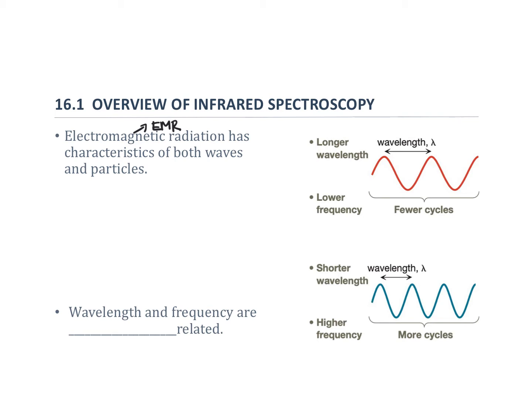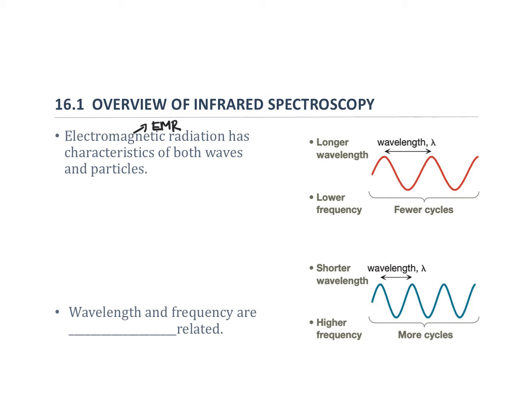Now, it behaves like a wave, so I want to review some things about waves. It exhibits oscillating, which just means it goes up and down, electric and magnetic fields that can be assigned a wavelength, right? And that's just the Greek letter lambda, so you see that there.